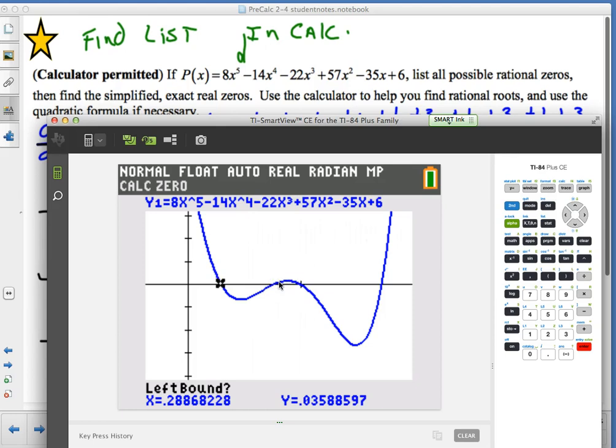Okay, as we get going. Trace. So my left bound, get over to my right bound. Should be 3/4, I hope. Yep, 3/4.